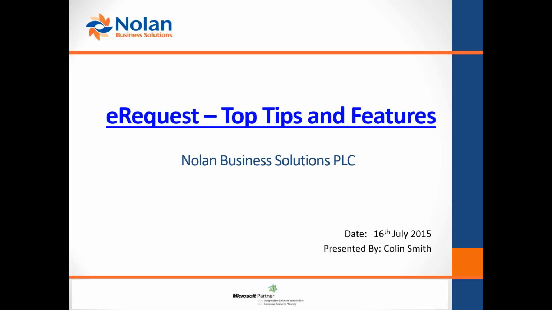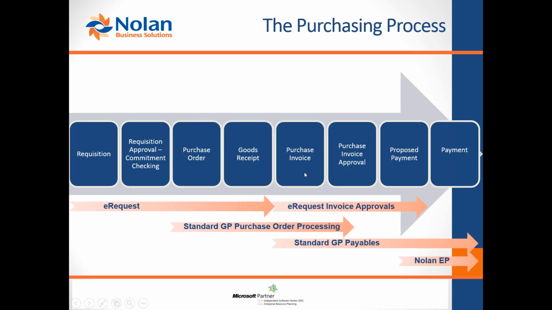So, for those of you that might be new to eRequest, I just wanted to show you this slide. Those of you that have been on webinars before probably know this slide quite well, but it just positions where eRequest sits within the purchasing process in Dynamics. The first 4 boxes you'll see are within eRequest.